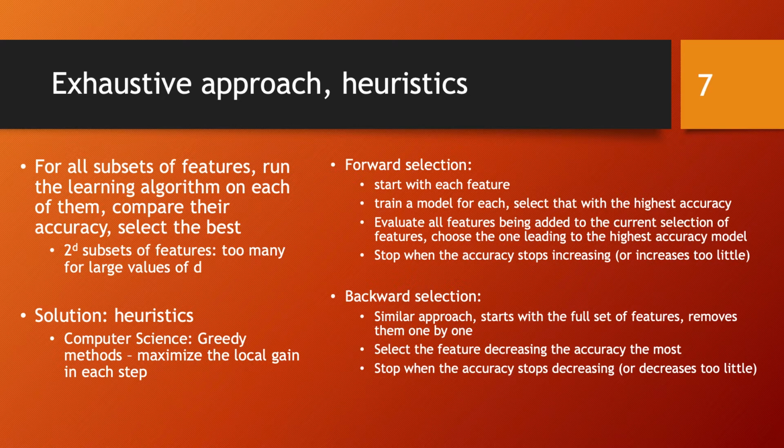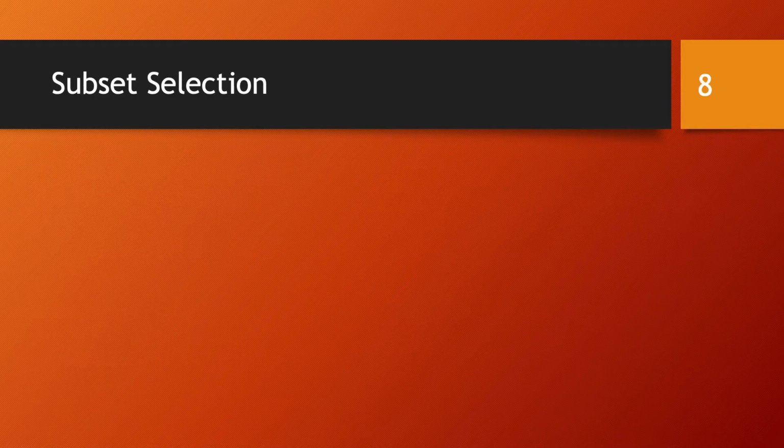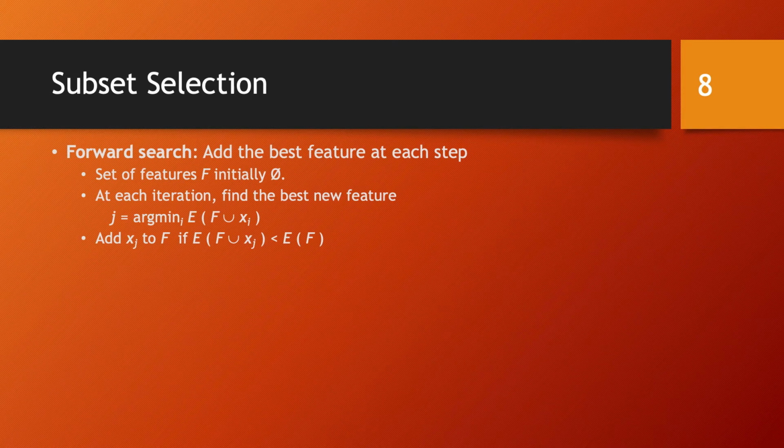And I just want to take one more time to formalize it a little bit more, and then I'm going to show you an example of how this goes. So the forward selection or forward search, once again, the idea was that we add the best feature at each step. And the way this goes formally is that initially your set of features F is initialized as the empty set. Then in each iteration, you will find the best new feature.